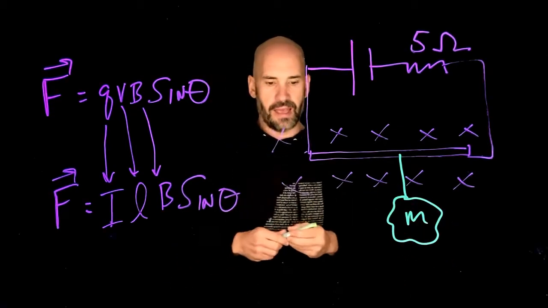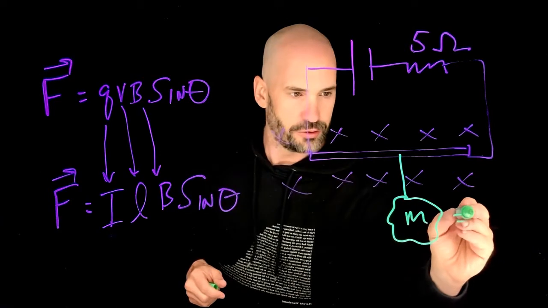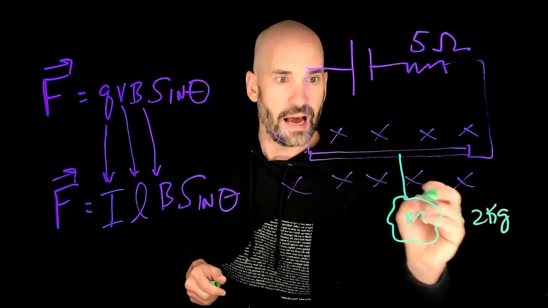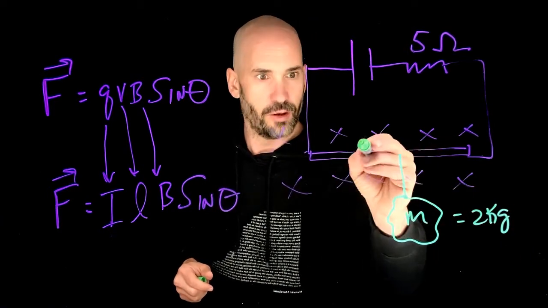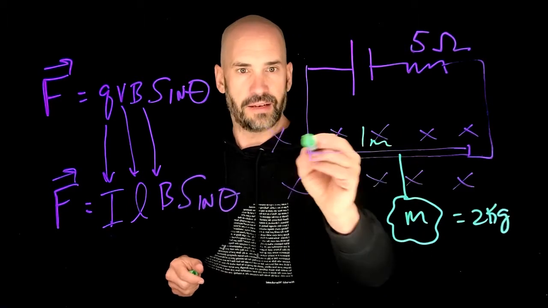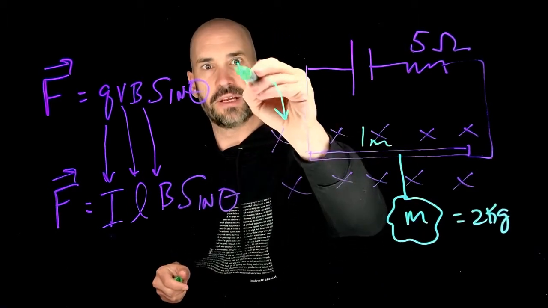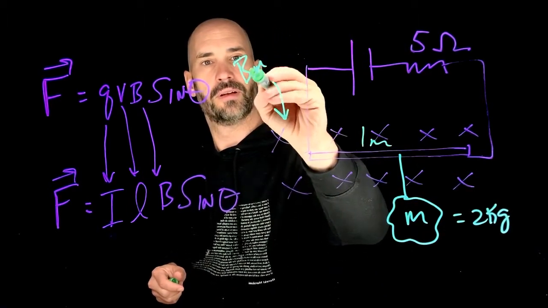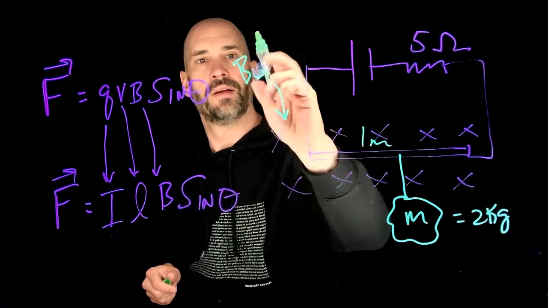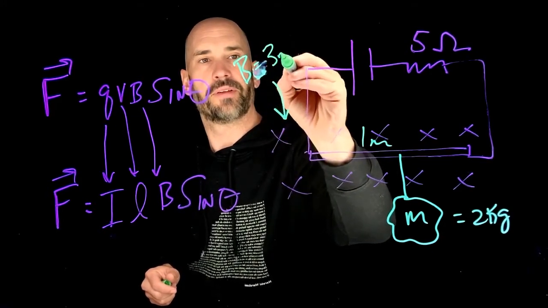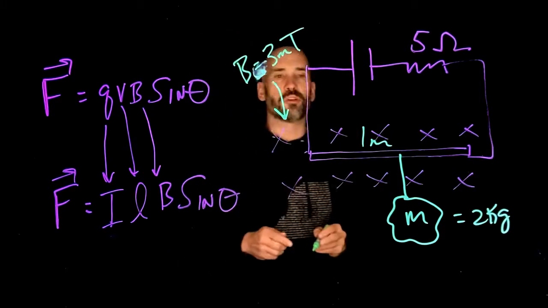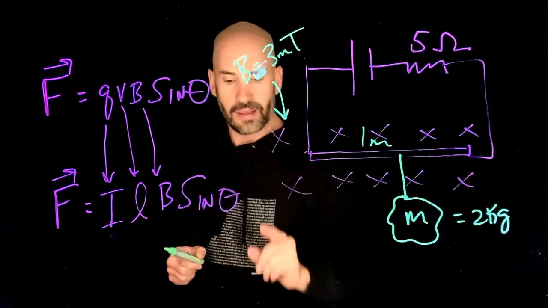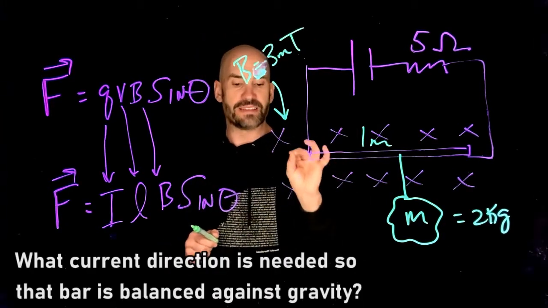Here I have the mass being 2 kilograms, the length of the bar being 1 meter, and this B field is 3 millitesla. B equals 3 millitesla.